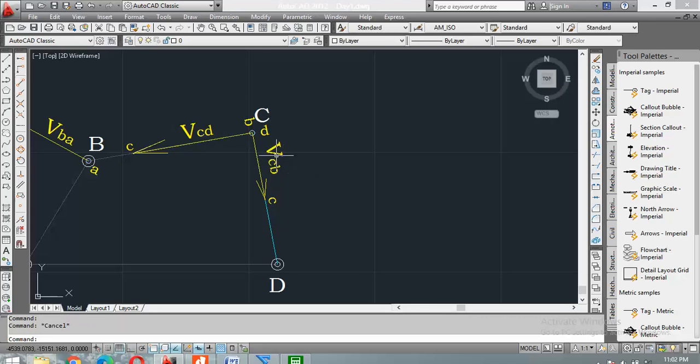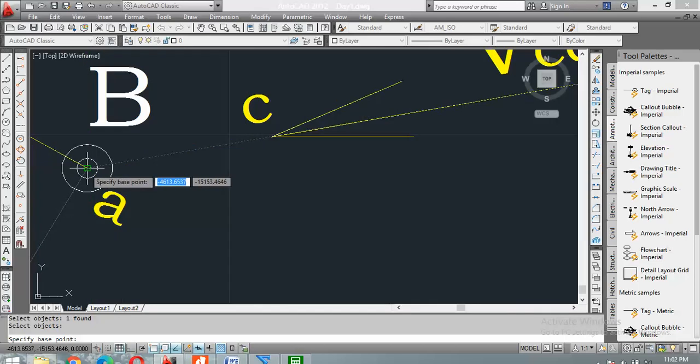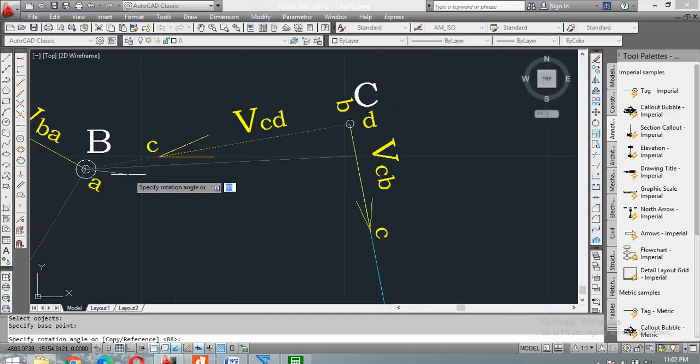So this velocity direction indicates velocity of point number C if B point is hinge. So before rotating, let us first of all hinge point number B, because VCB in this case B should be the hinge point. So I am making B point as a hinge point, okay. And let us rotate this vector in VCB direction.